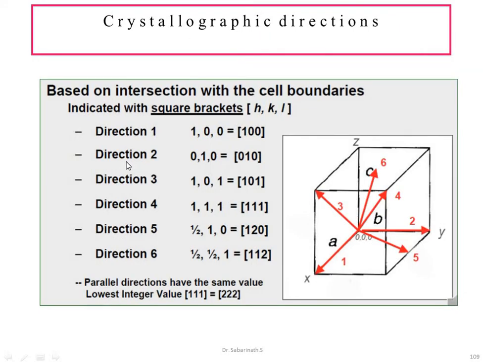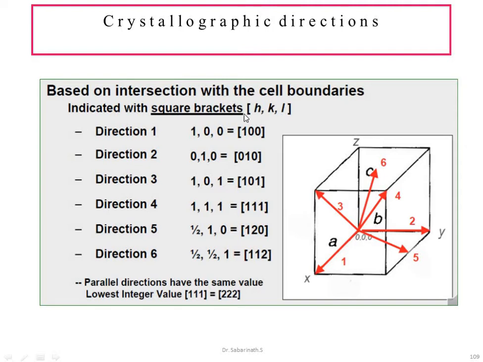Now let us see the crystallographic directions, and we are much focused on the direction part now. Based on the intersection with the cell boundaries, it is indicated with square brackets.